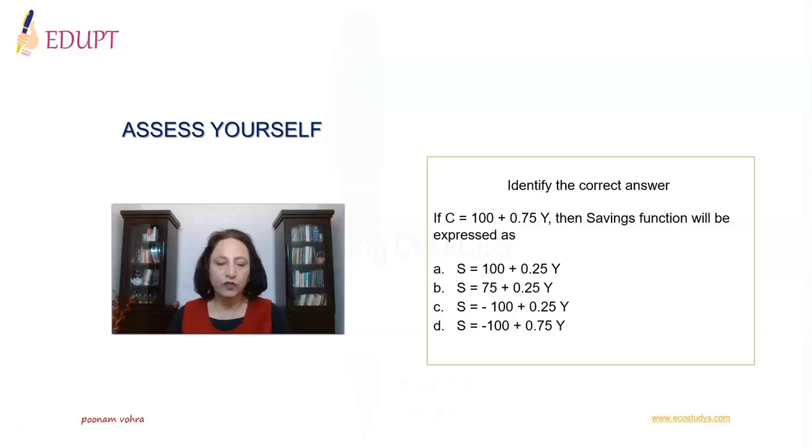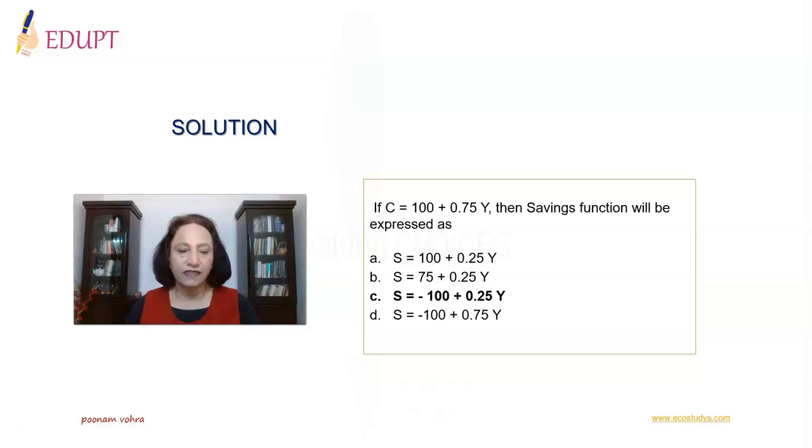If C is equal to 100 plus 0.75Y, where C is consumption and Y is income, then the savings function will be expressed as A. S is equal to 100 plus 0.25Y, B. S is equal to 75 plus 0.25Y, C. S is equal to minus 100 plus 0.25Y, or D. S is equal to minus 100 plus 0.75Y. The correct answer is option C.